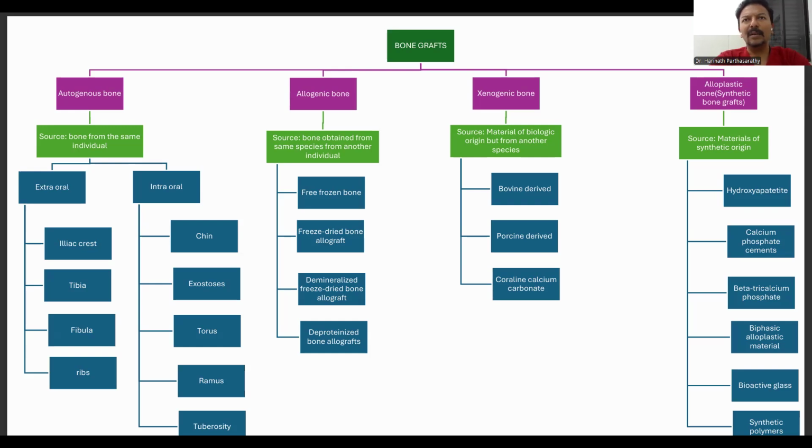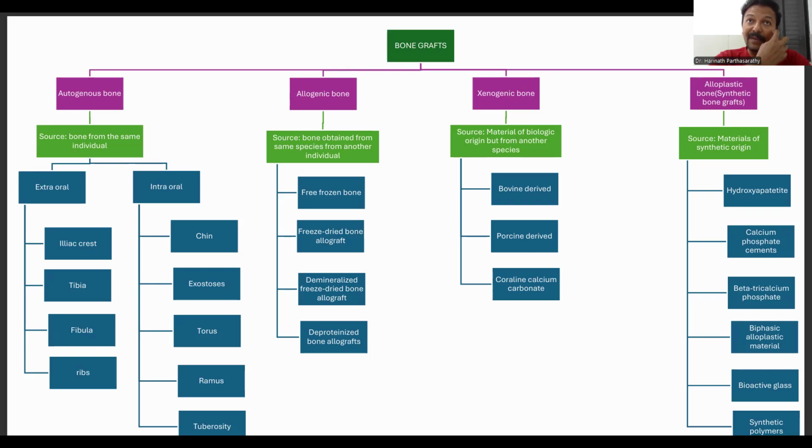Of course, they are safe because they are taken from the same patient. They don't have immunogenic reactions or any transmission of diseases. All these are the pluses, and being an autogenous graft with viable osteoblasts, bone forming cells, they form the best quality bone.